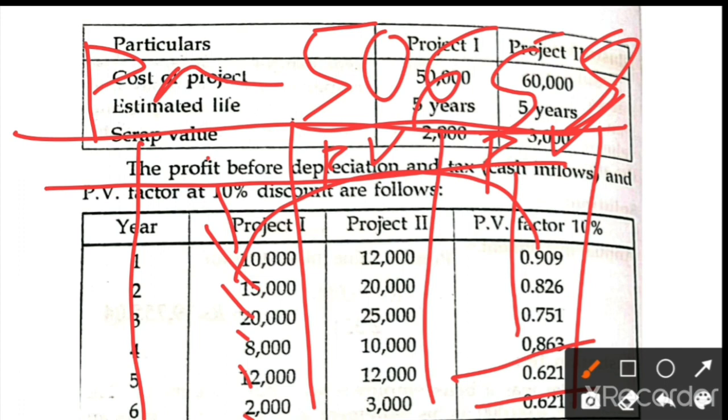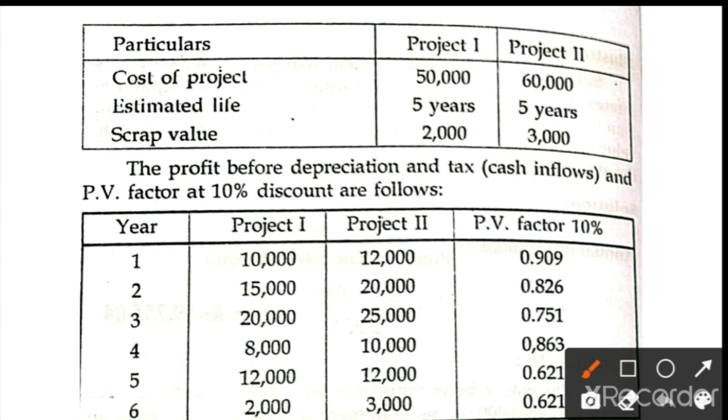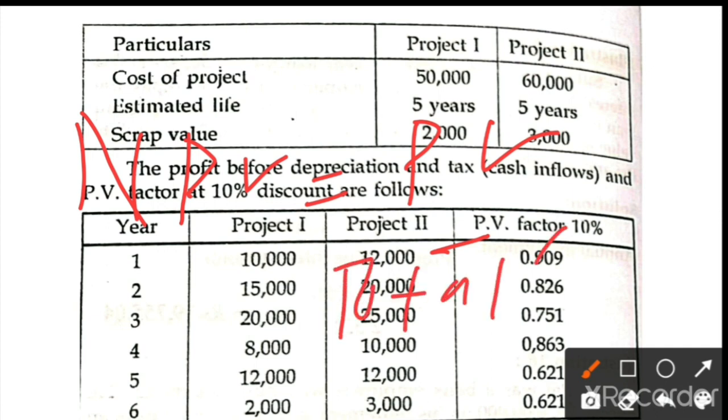Is it clear? Okay. After getting the present value, next we are going to calculate the NPV of project 1 again. What is the formula? NPV is equal to present value minus the total cost of the project.